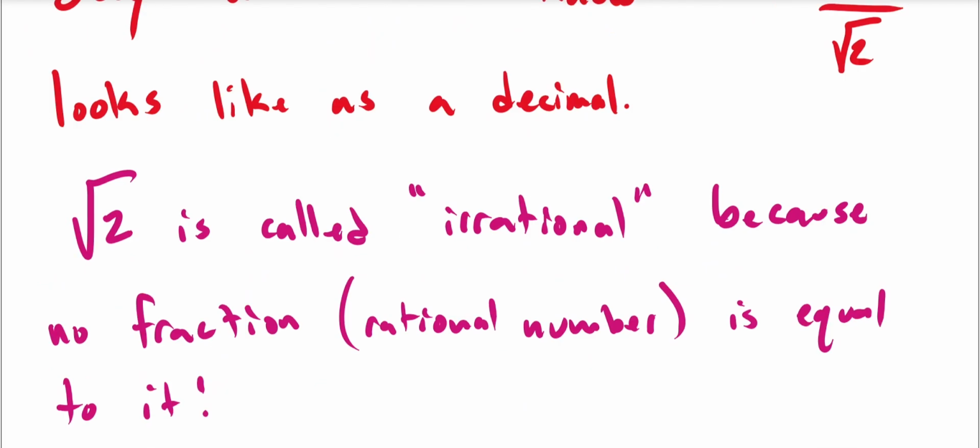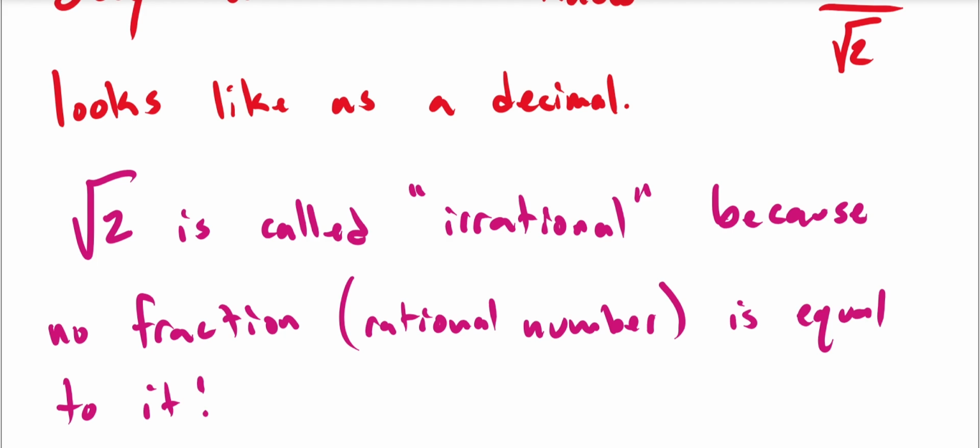Really, the question of any irreducible square root, what is your decimal, is sort of a loaded question. These square roots, like the square root of 2, are called irrational if they don't simplify to an integer or another fraction. If they give you a decimal, then it's a decimal which never repeats. There is no fraction, no ratio of whole numbers, I should say, which is equal to the square root of 2.